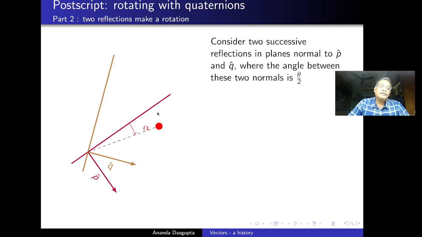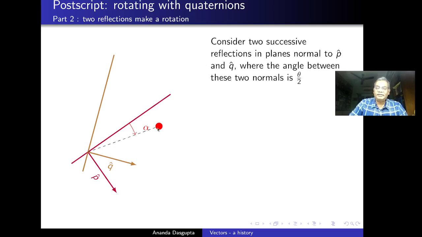So this purple line and the orange line are the two planes which are normal to p hat and q hat. And let's ask ourselves what happens if we were to reflect this particular point, where the line joining this point with the place where the two planes intersect makes an angle alpha with our first plane.